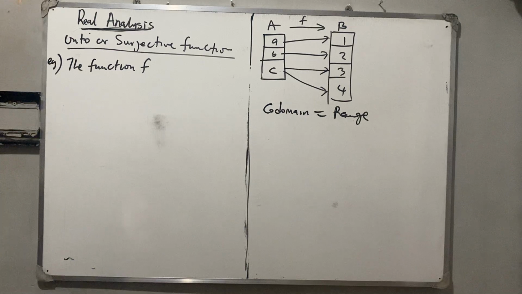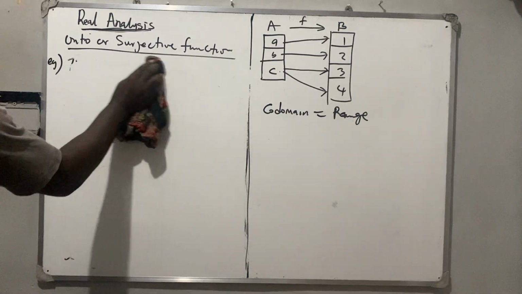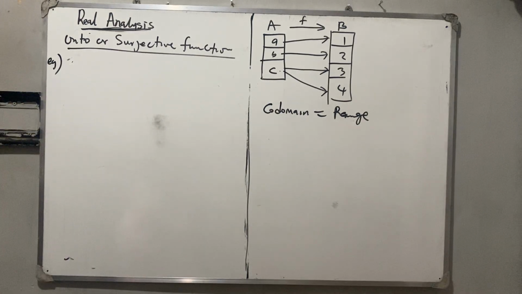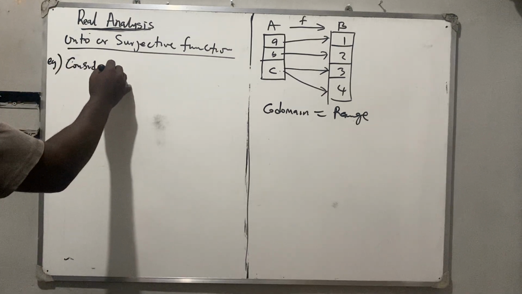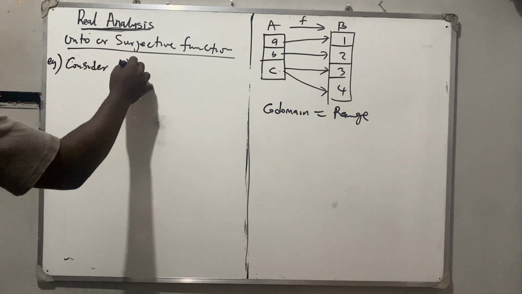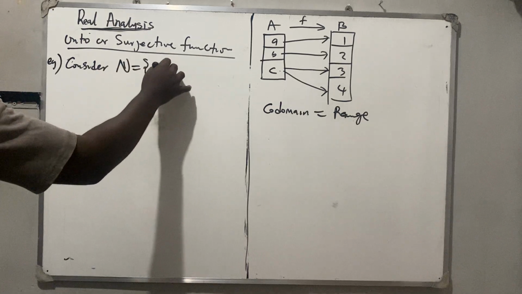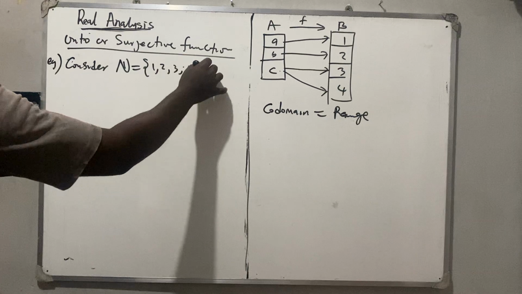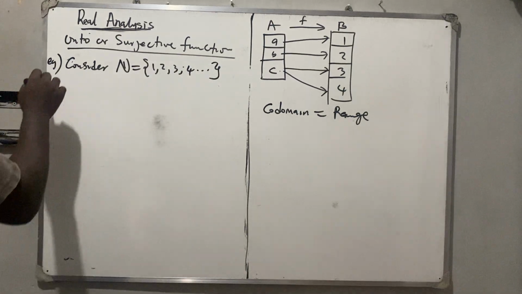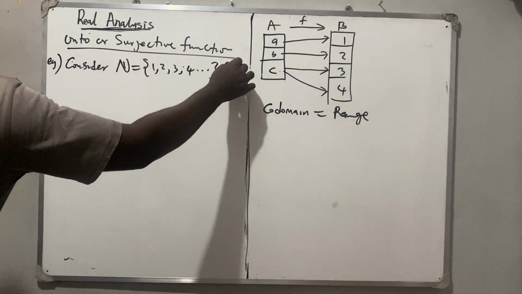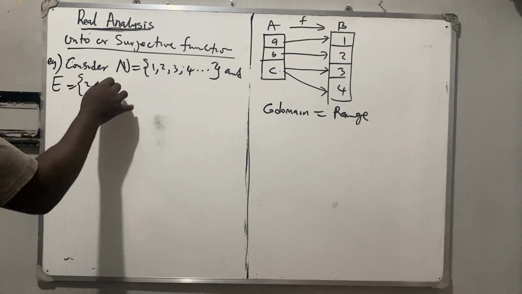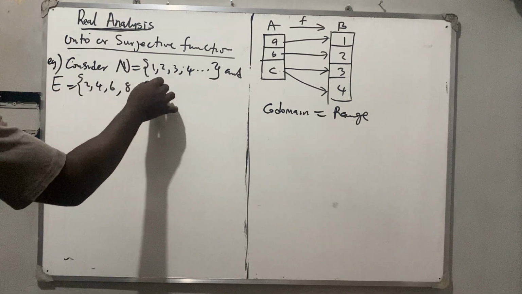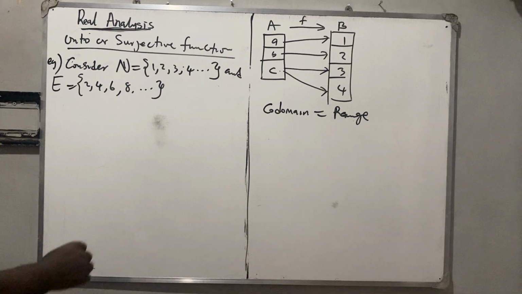Let's use the first example we used in the other one. Let's use that same example. Okay. Consider N, which is equal to a set of 1, 2, 3, 4, a set of natural numbers, and E, which is a set of 2, 4, 6, 8, dot, dot, dot. Okay? Consider these two sets.